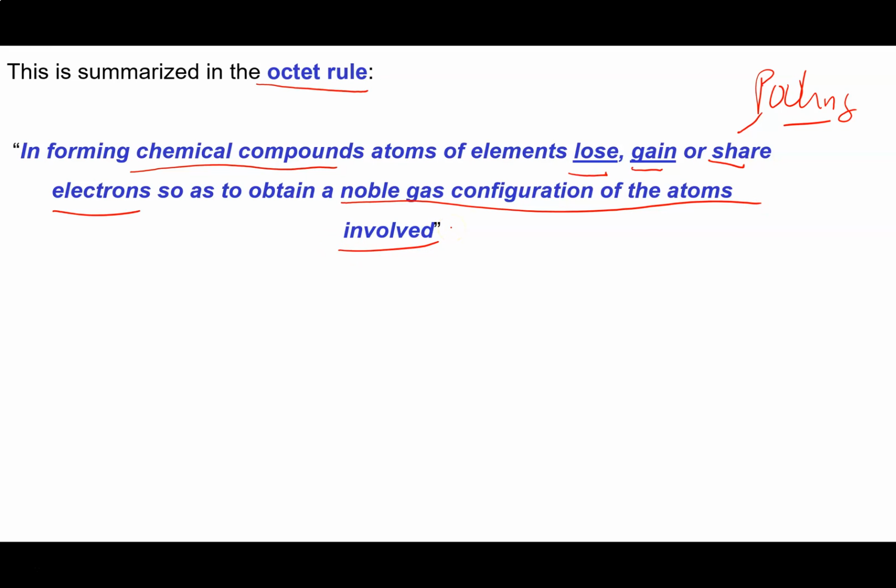That is, these atoms are going to move electrons amongst themselves, or they're going to pool their electrons, share their electrons, so that they have a configuration like that of a noble gas which is unreactive. Once they've got that, they stop reacting and chemical bonds stop forming.